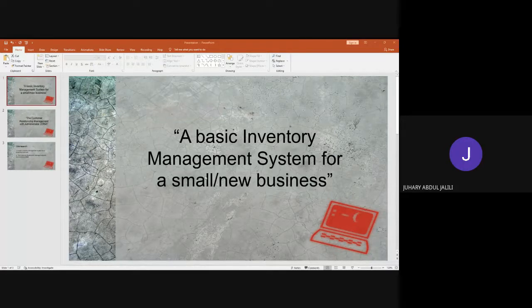Ulitin ko po. Basic inventory management system for small or new businesses. The purpose of the project is almost clear by the title, an inventory management system. Inventory management system was what led to the database, and even today, databases are evaluated on the ease of inserting, modifying, updating data.